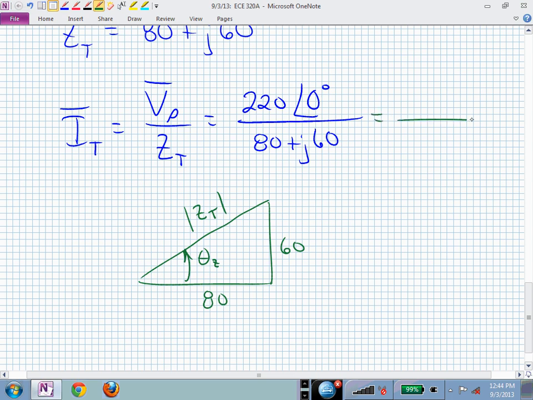And I hope that you can see that that's a 3, 4, 5 triangle, or similar to one. So we have 60, 80, or z sub t is 100.